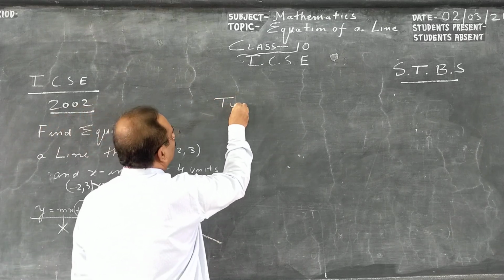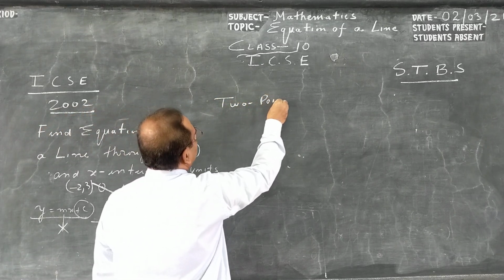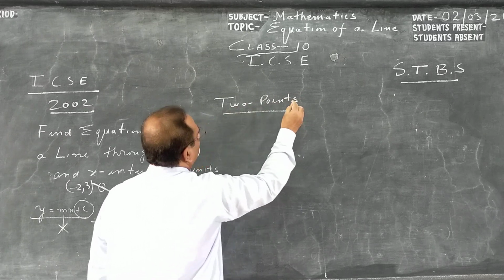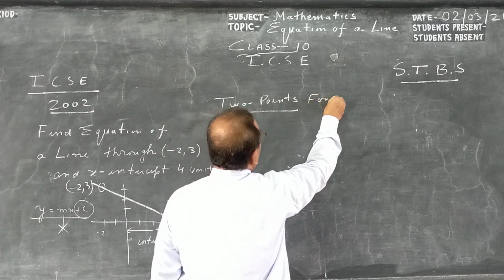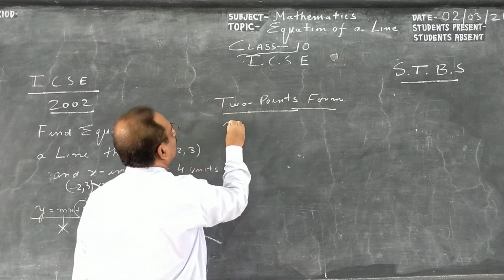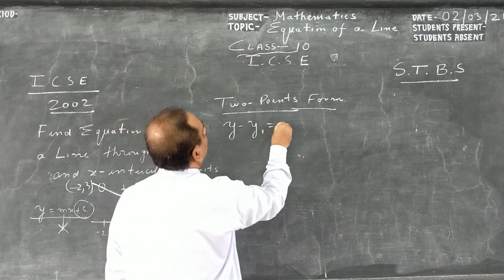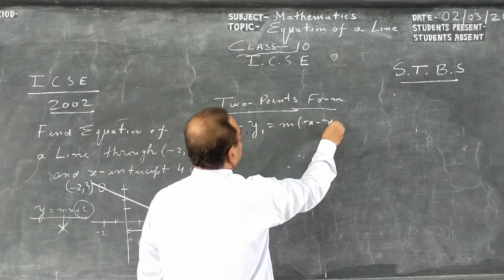And I told you the 2-point form, children, is a special case of the point-slope form. If you remember, it is y minus y1 equals m times x minus x1.